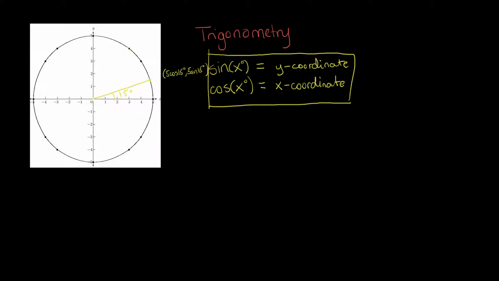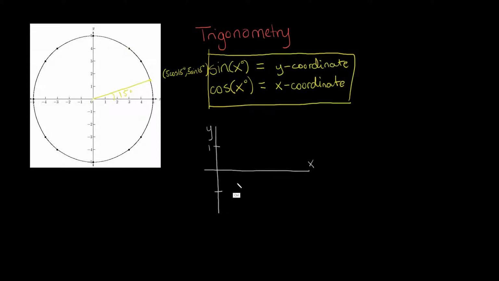First things first, I want to draw a graph of sine and cosine, because there's something very special that happens with sine and cosine that we have not seen up to this point. So here I have my x and y axes, and let's say this is 1, this is -1.